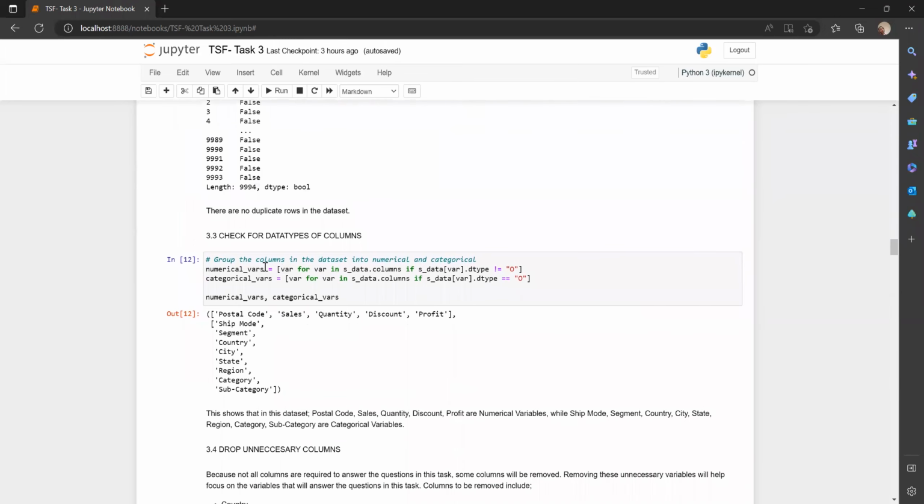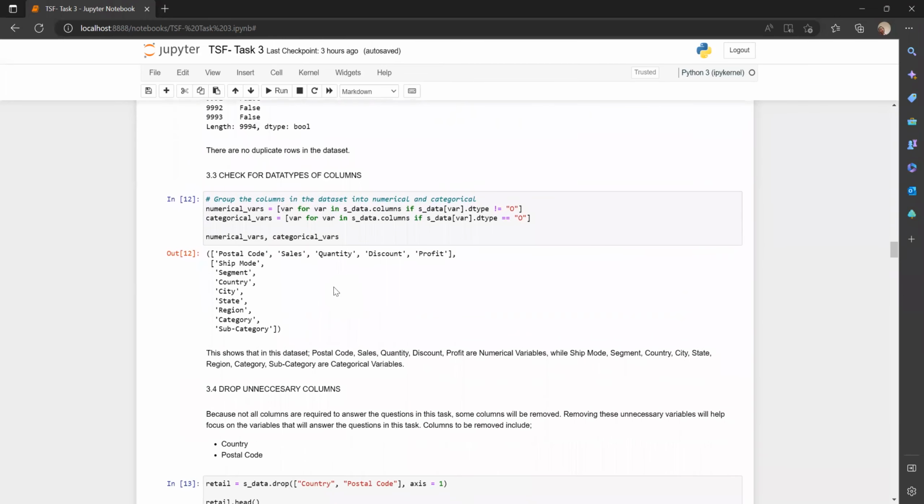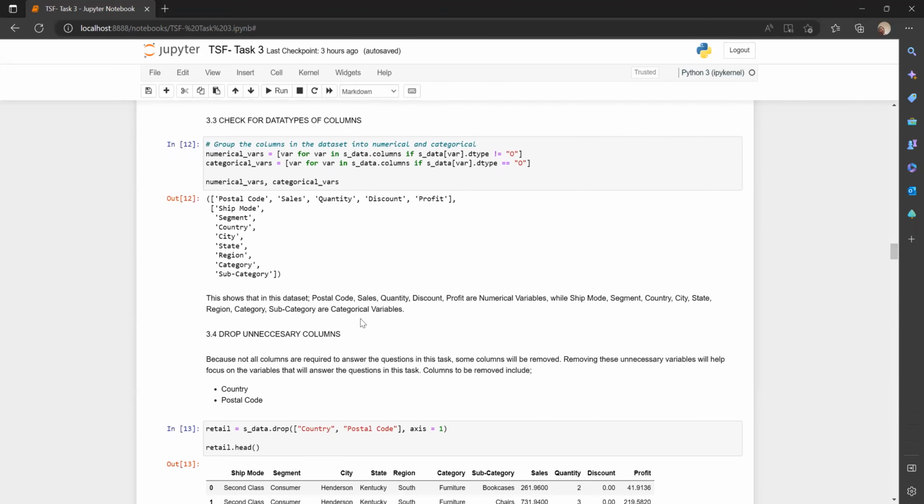Then I checked the data types of the columns. Here it shows that just postal code, sales, quantity, discount, and profit are numerical variables, while ship mode, segment, country, city, state, region, category, and subcategory are categorical variables.